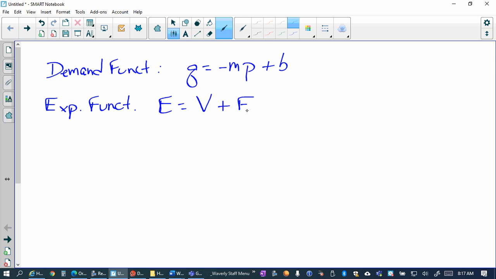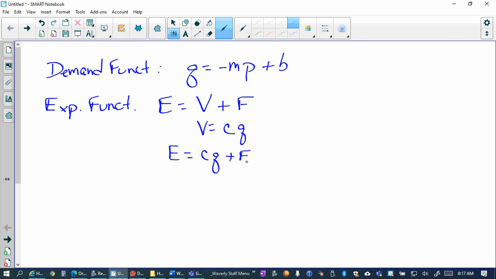But then the variable side of it, to get the variable expenses, it's the cost to make each widget times the number of widgets you make, right? So V equals the cost to make each one times the number you make, right? So then we could substitute that in for V in this one, right? So then we had expenses equals CQ plus the fixed, right?